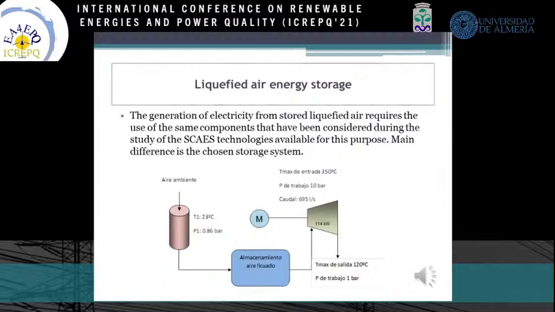The generation of electricity from stored liquefied air requires the use of the same components that have been considered during the study of the SKY's technologies available for this purpose. The main difference is the chosen storage system.